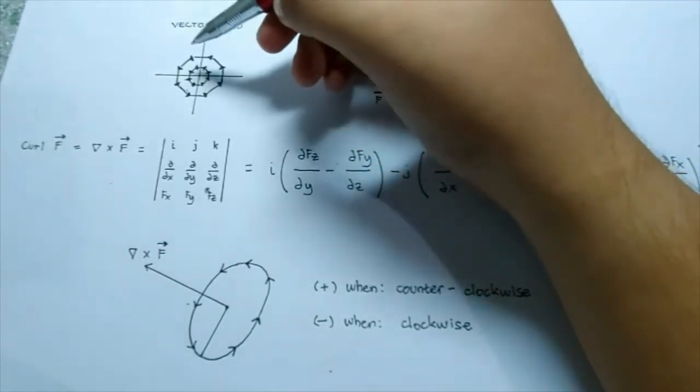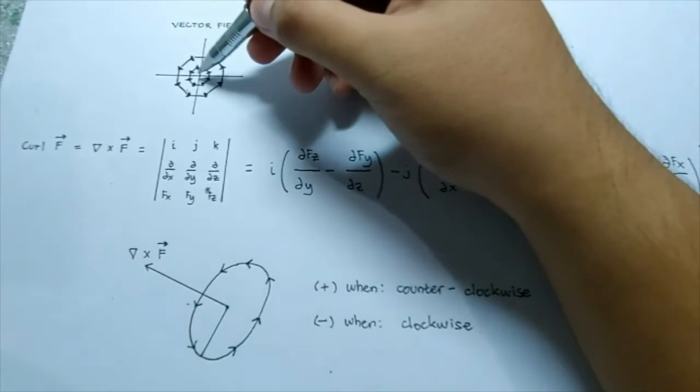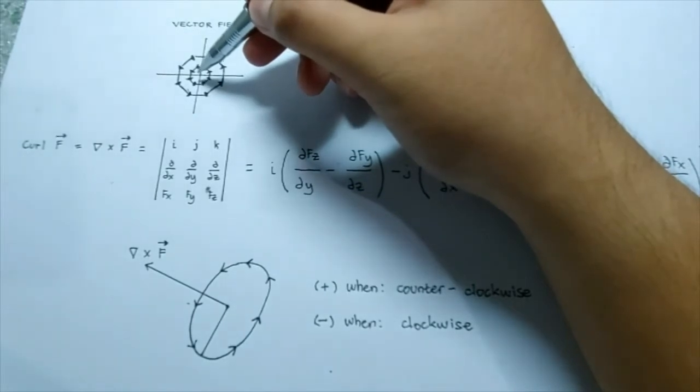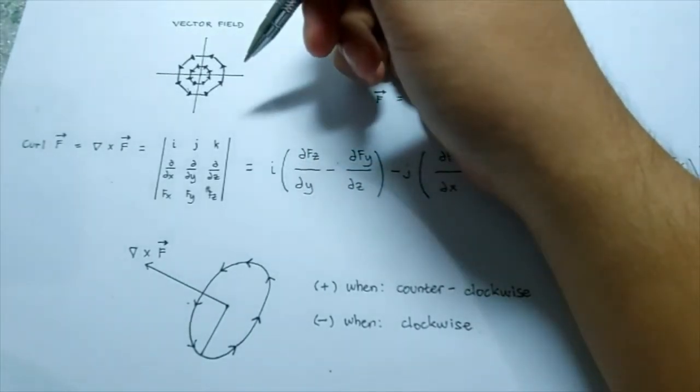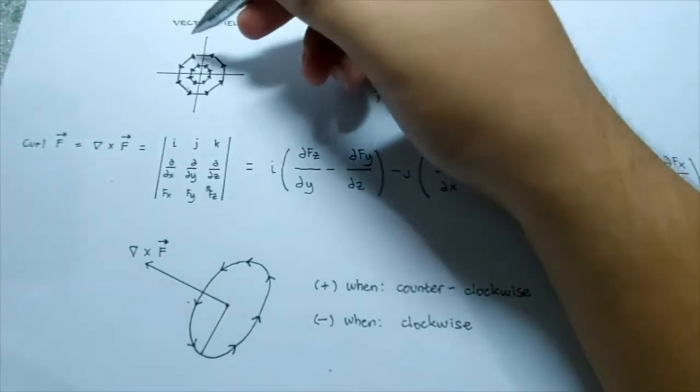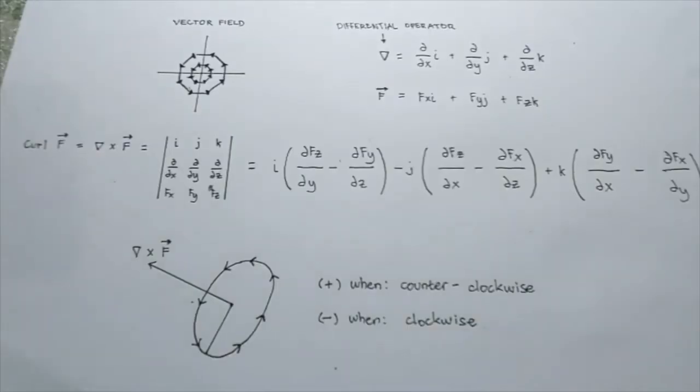So, the magnitude of the vector field increases with increasing distance away from the origin. So in that way, what we call the curl would be a measure of how much circulation there is.